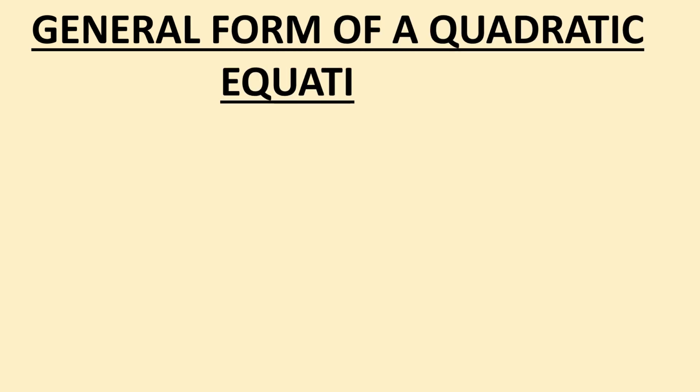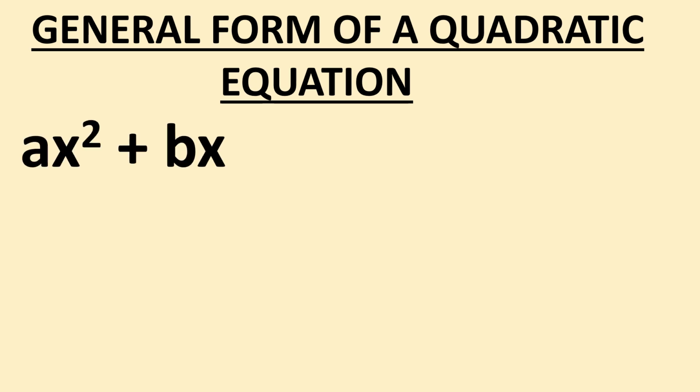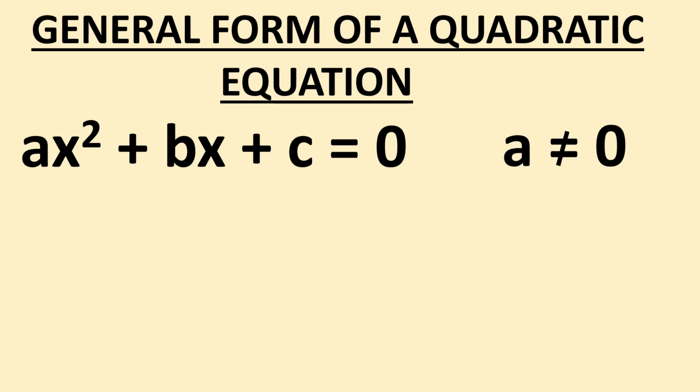We'll just quickly remind ourselves of the general form of a quadratic equation. That's simply ax squared plus bx plus c is equal to 0, provided a is not equal to 0.